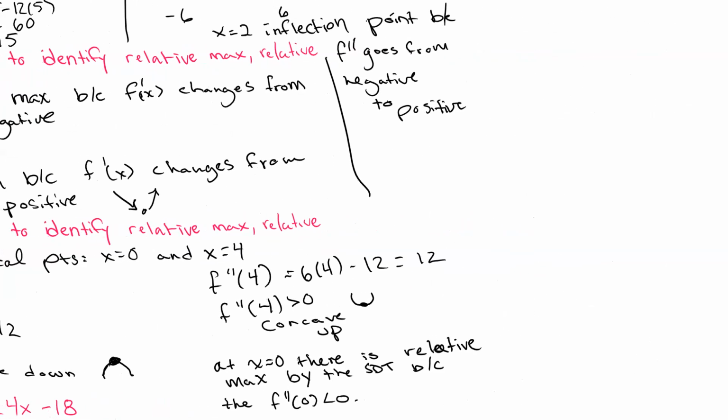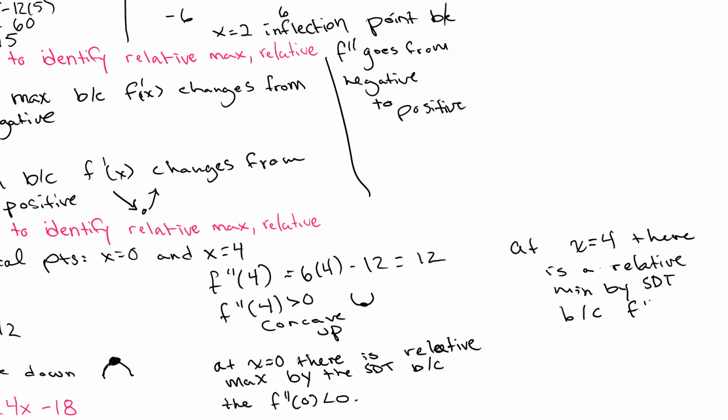And then the opposite would be what you write for the second one. So at x equals 4, there's a relative min by the second derivative test, because f double prime of 4 is greater than 0. And that's all, folks.